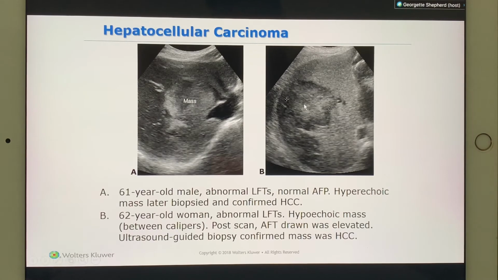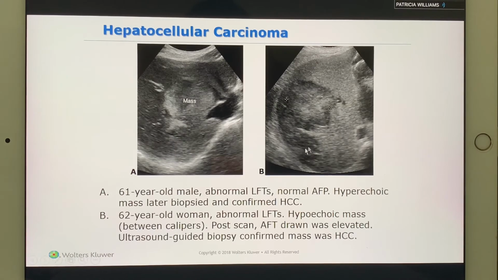She has elevated AFP, elevated LFTs, and a hypoechoic mass. It looks like it has a halo around it. And once they did a biopsy, it was also considered to be an HCC. So look at the differences between the two.